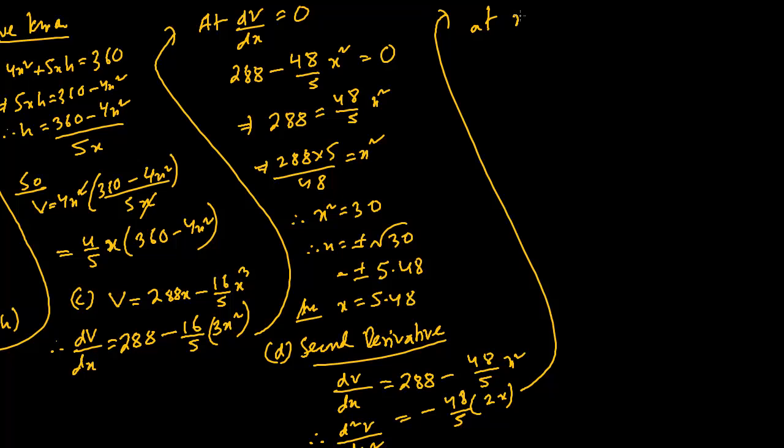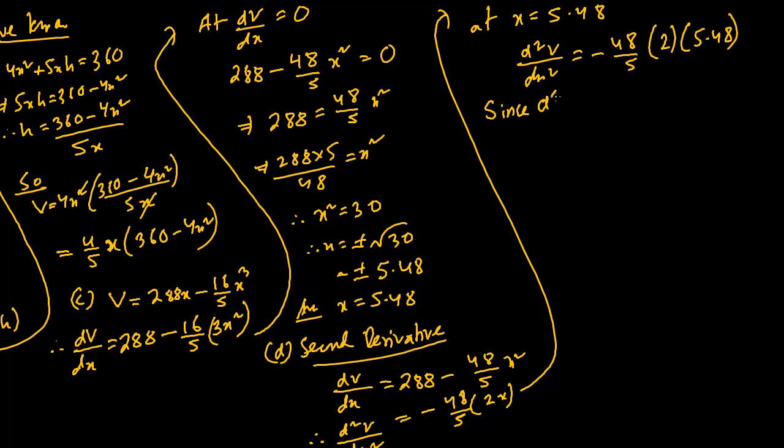So at x equals 5.48, d2v by dx squared is going to be minus 48 by 5 into 2 into 5.48, which is going to be negative because we have a negative in front of here. So we don't have to calculate this. We just need to know whether it's positive or negative. So since d2v by dx squared is less than 0, it is maximum. So that's all they ask for, whether it's maximum or not.